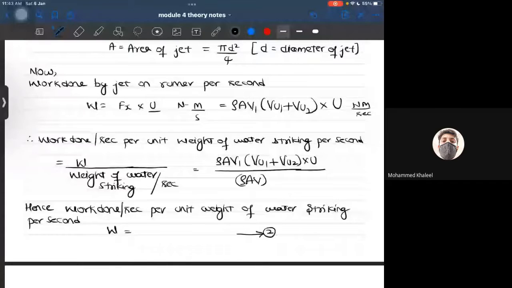Weight is the same, so I have to multiply by g. So would anything get cancelled in this equation?